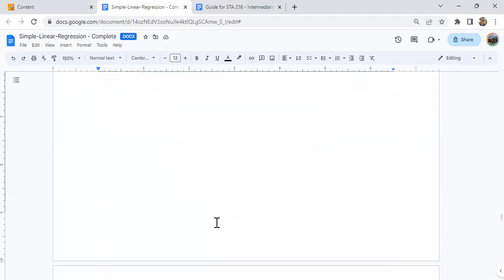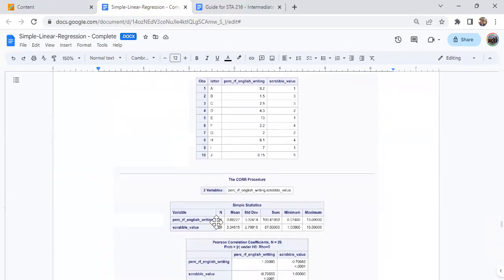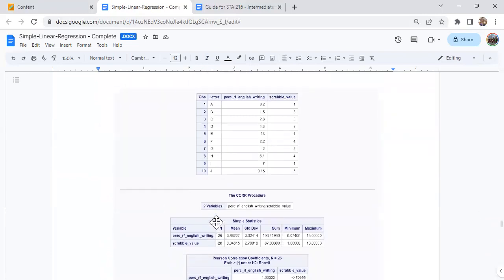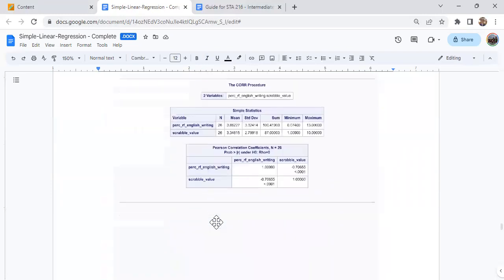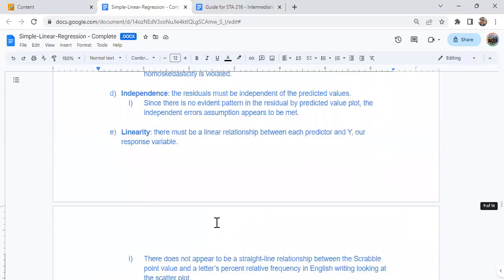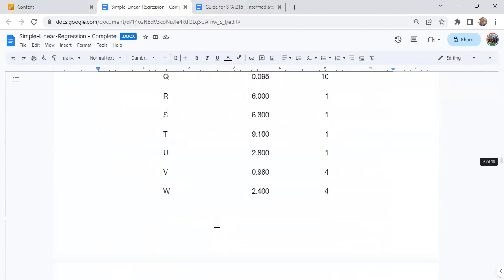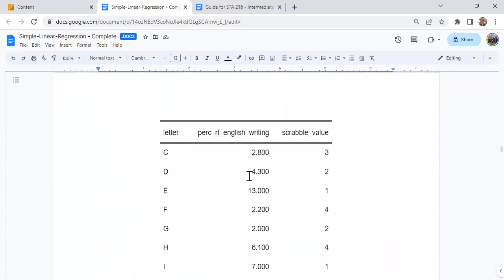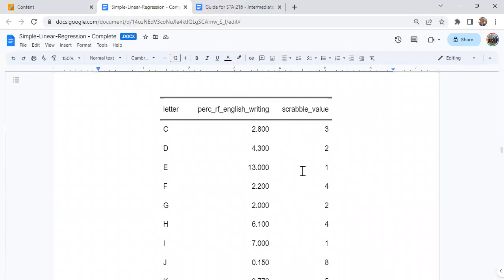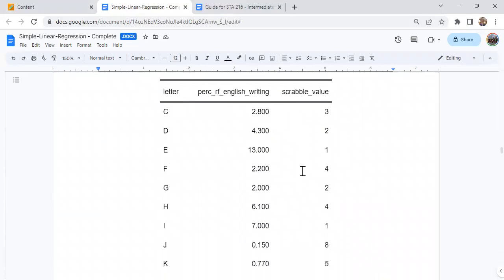Okay, so in the Scrabble data, we have the whole data set, so we can look at it here. I printed it above. Let's see. I think, yeah, right here. Okay, so we have the percent relative frequency. Let's see what's the lowest.